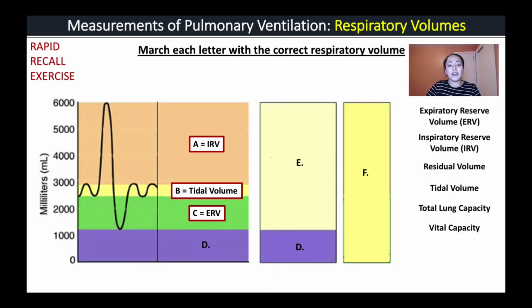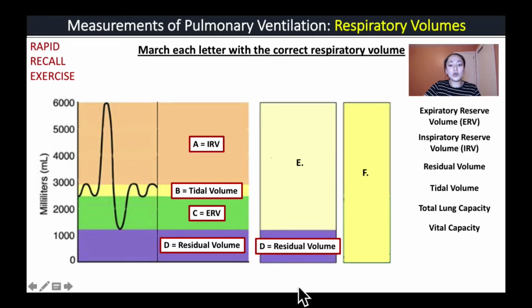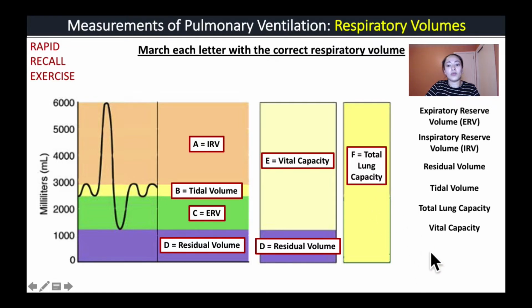D would be your residual volume, what's left in your lungs even when you maximally exhale. E is representing a volume that includes everything but the residual volume. That would be your vital capacity. And then F would be your total lung capacity.